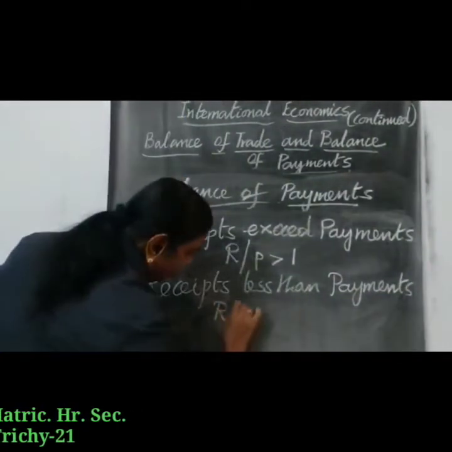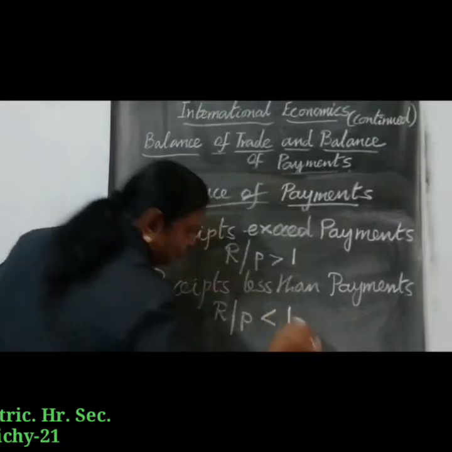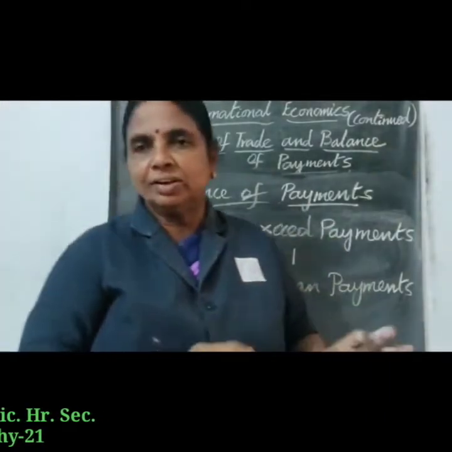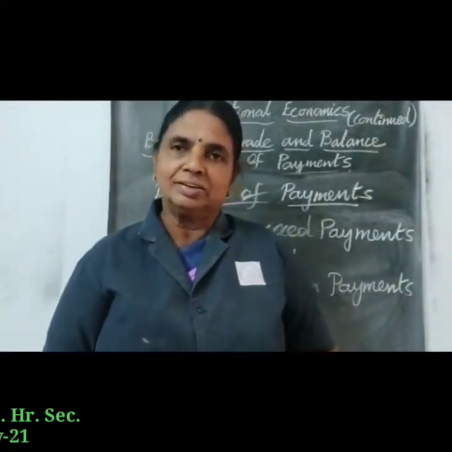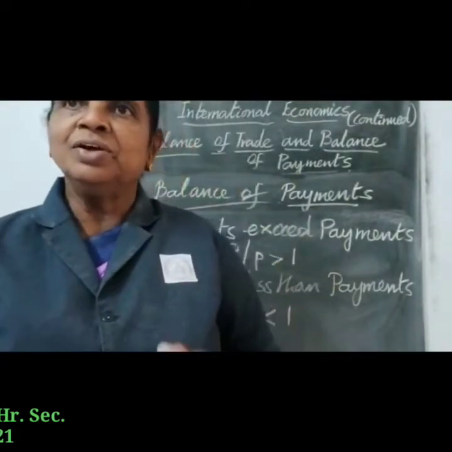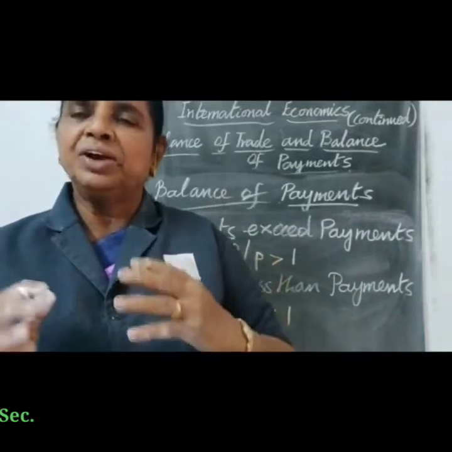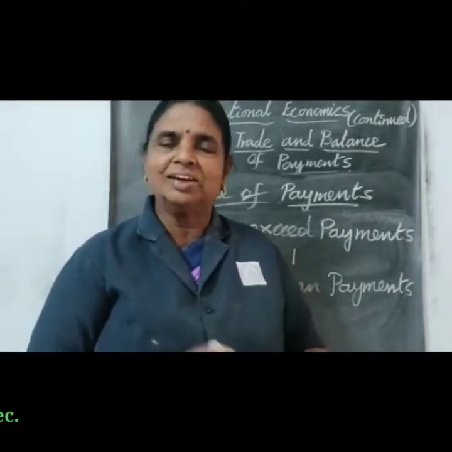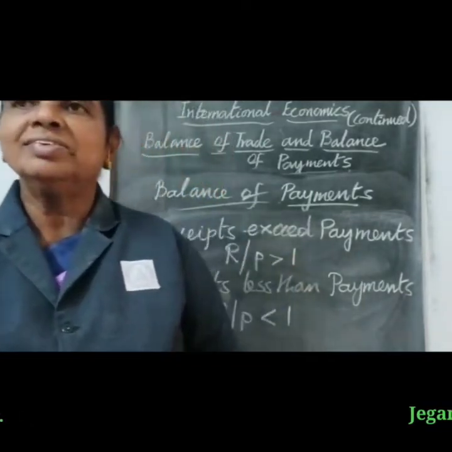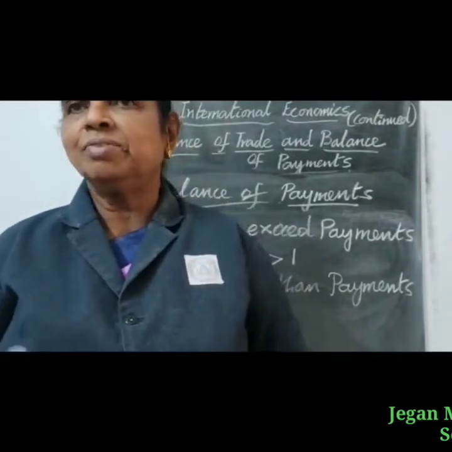So, R divided by P less than 1. This we can easily understand. So, in balance of payments, when receipts exceed payments, it is favorable. When receipts are less than payments, then it is an unfavorable balance of payments.